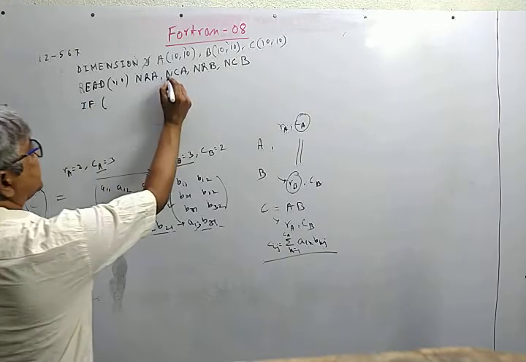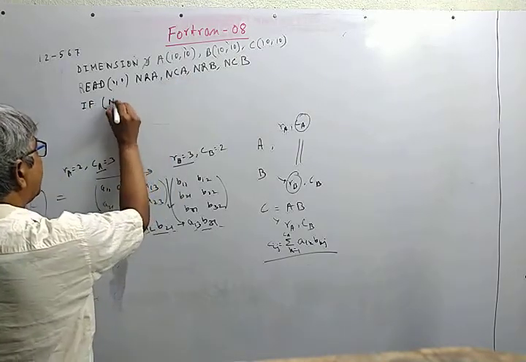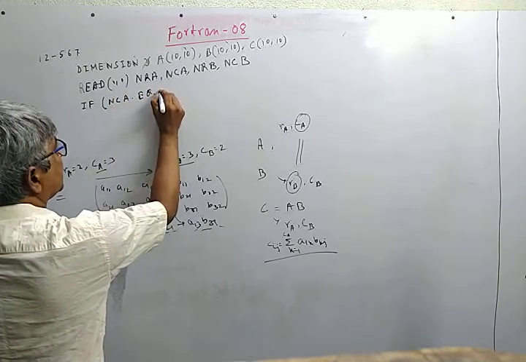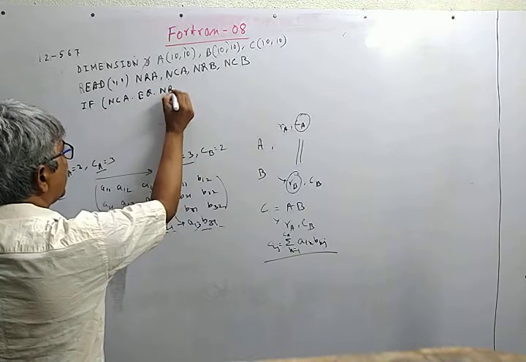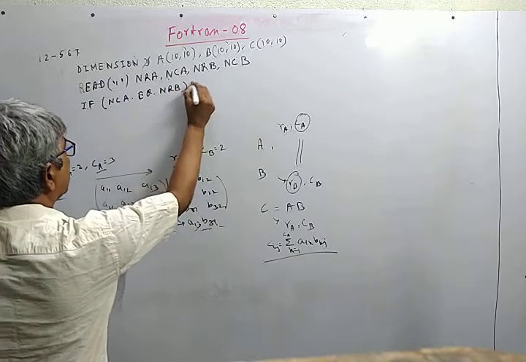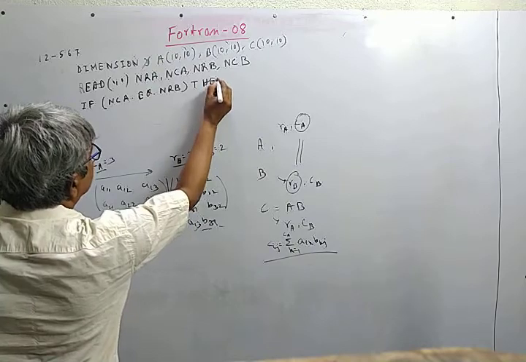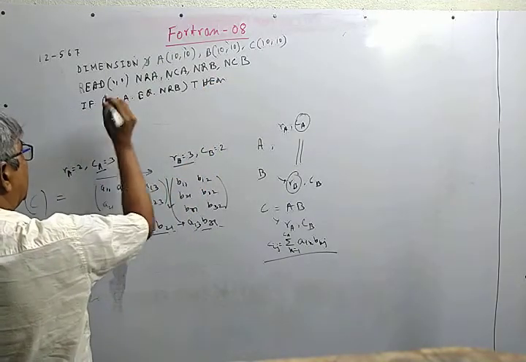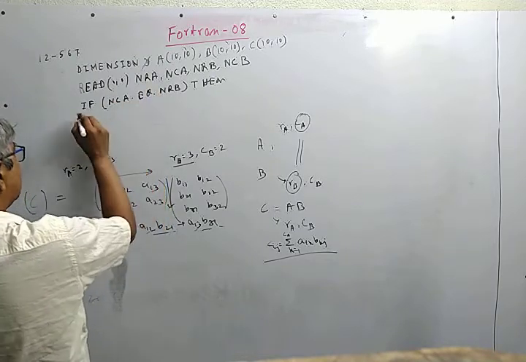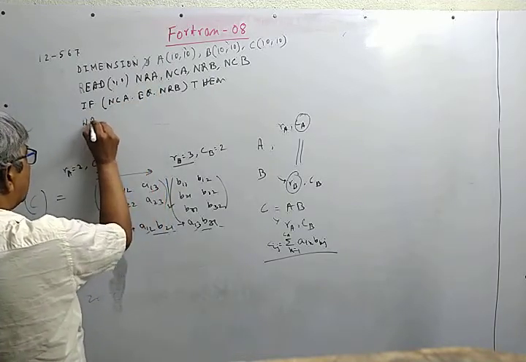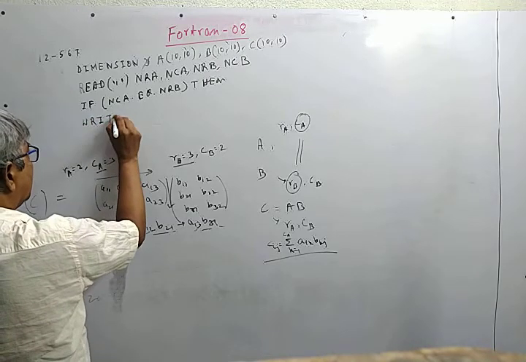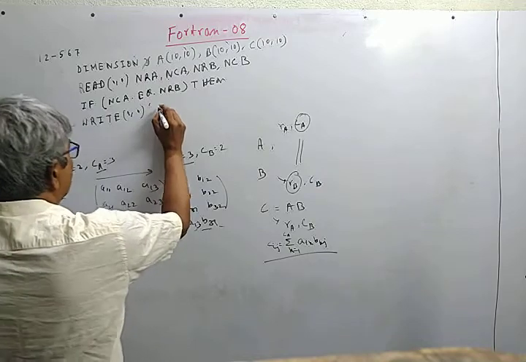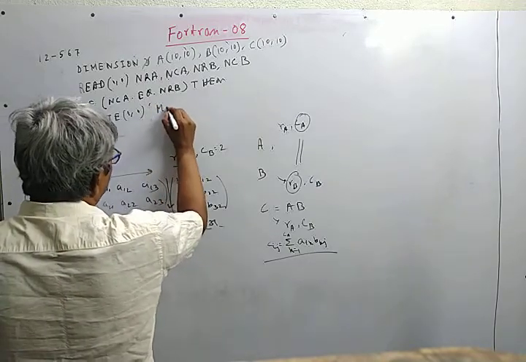If NCA is equal to NRB, then write multiplication possible.